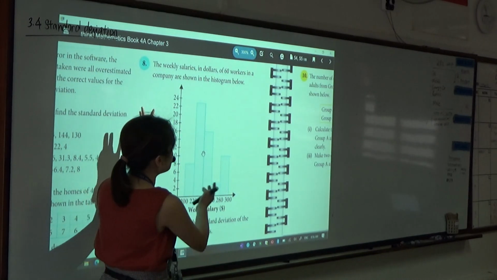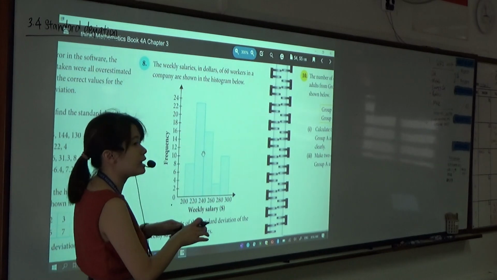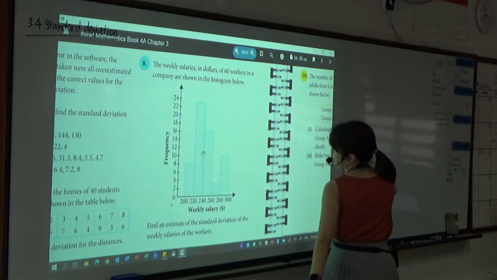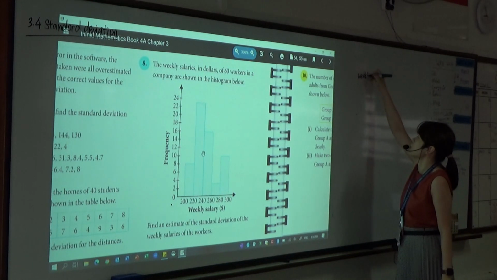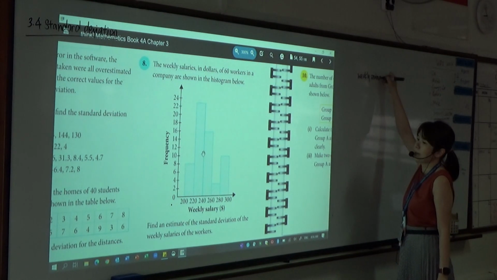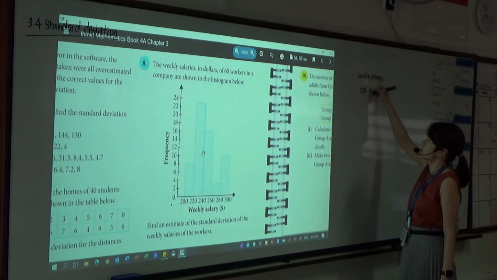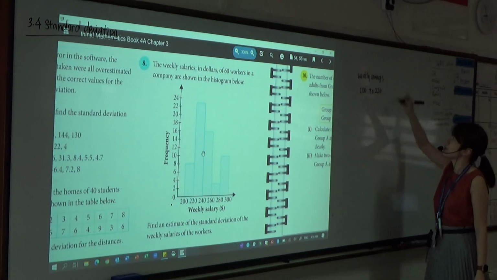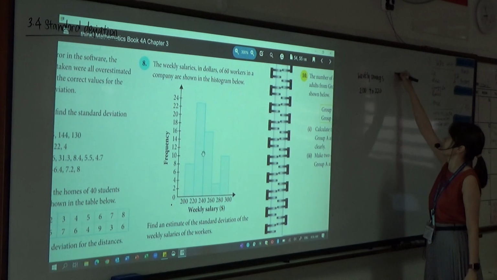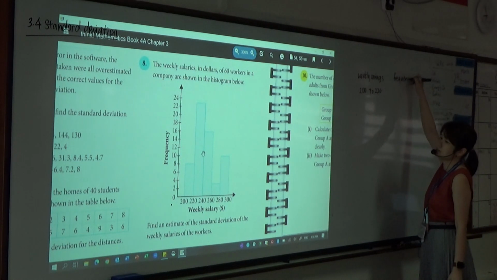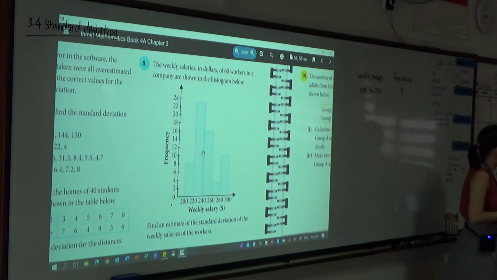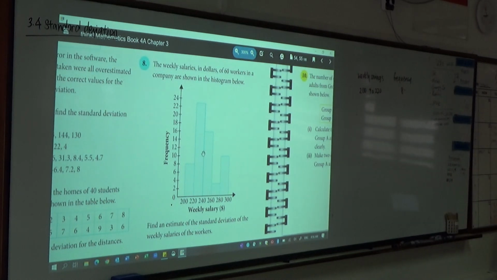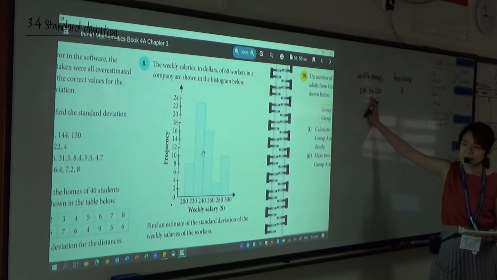So if I want to translate my histogram into a frequency table, I'm trying to see it as weekly savings 200 to 220, and then your frequency is in this case 8. I do not know what the inequality is in this particular case.